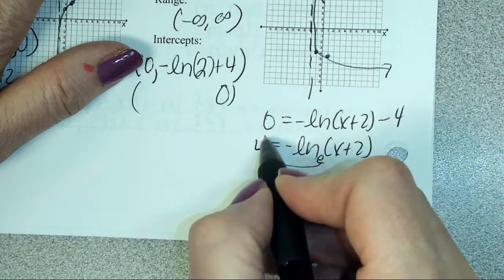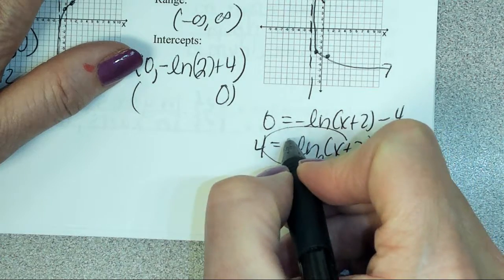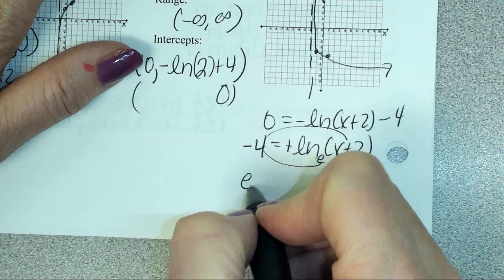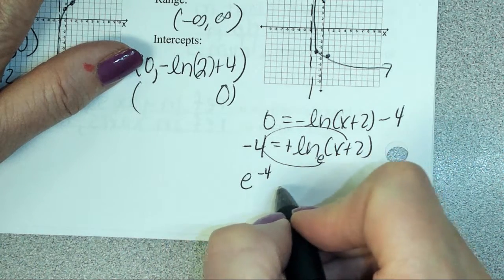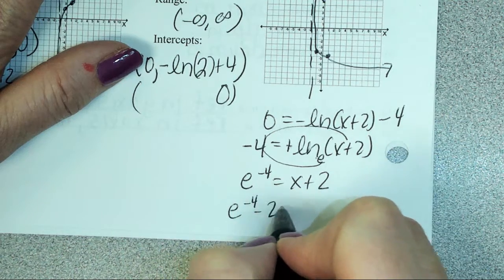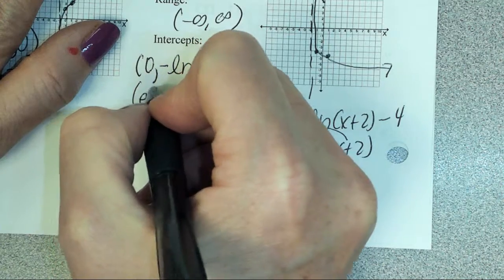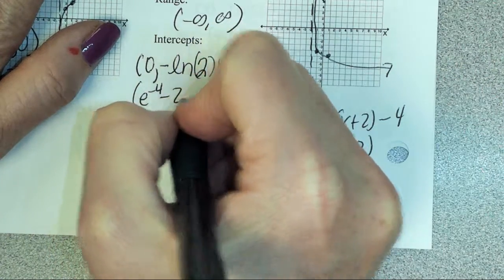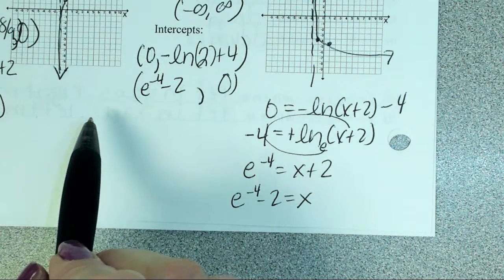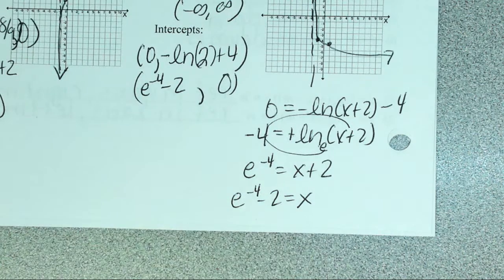So I'm going to swirl it around to write it exponentially. Oh, I need to get rid of this negative first. Multiply both sides by a negative. Now swirl it. So it's e to the negative 4 equals x plus 2. So it's e to the negative 4 minus 2 is what x would be. So that's going to be my x-intercept. So those intercepts are a little tougher to find, but you just need to follow the rules correctly. Okay, any questions?